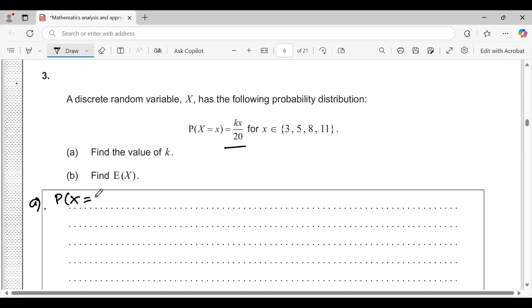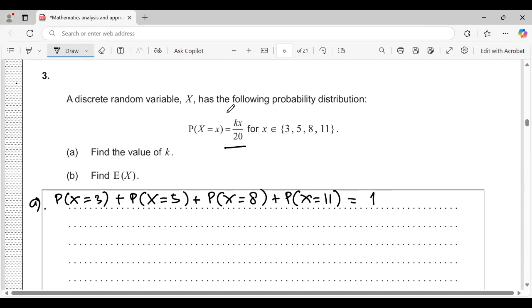Probability x equals 3 plus probability x equals 5 plus probability x equals 8 plus probability x equals 11 equals 1. The sum of this probability equals 1.